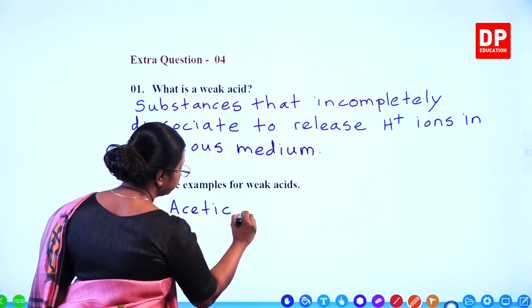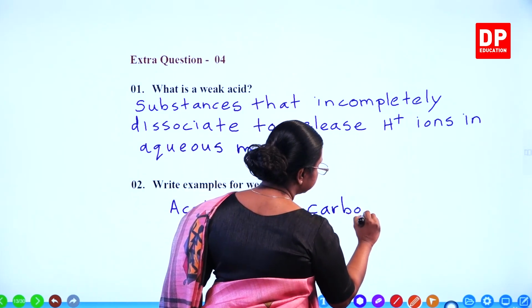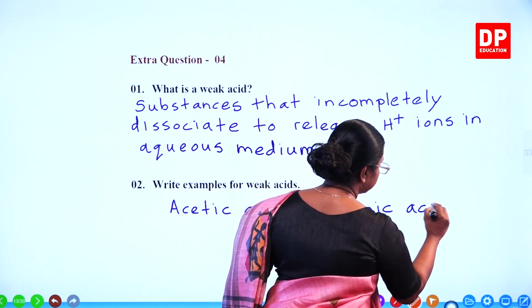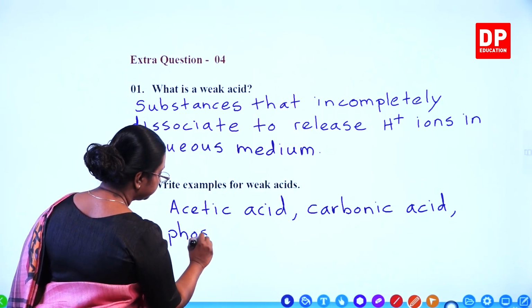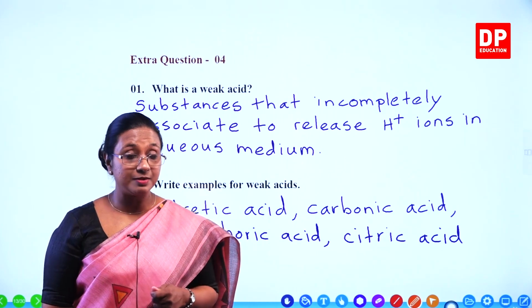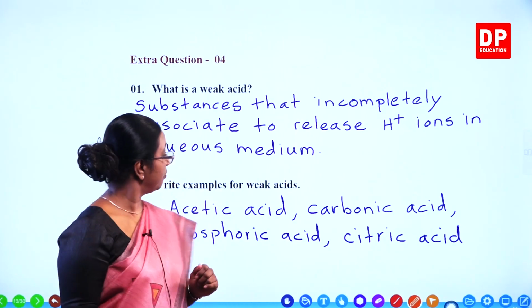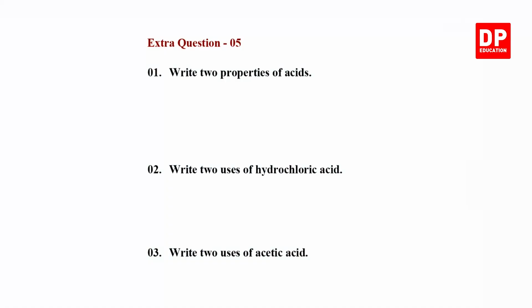Acetic acid, carbonic acid, phosphoric acid, then citric acid. Citric acid in citrus fruits. You can also write ascorbic acid in vitamin C. I have mentioned that to you all before. So, these are some examples of weak acids. With that, I will move on to the next one.